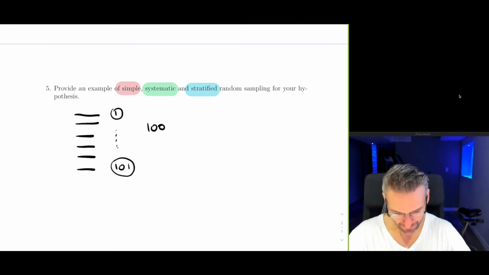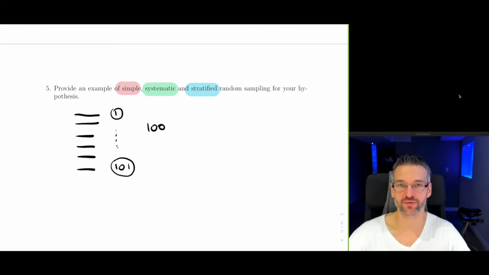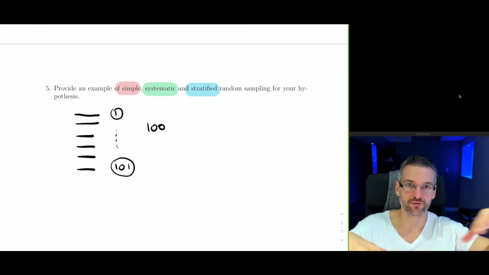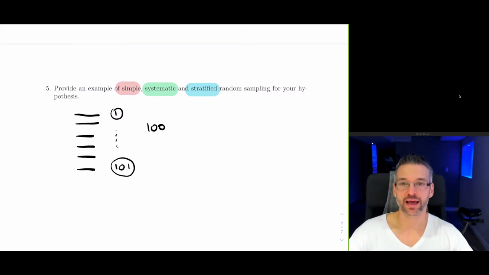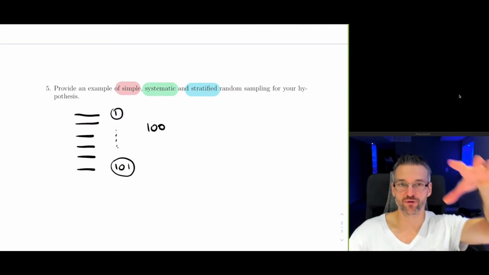Now, stratified means that you have grouped your students in some way. In this case, there is a very nice way of grouping these students. In the US, you can take all the different states, and then at random, in a proportional way, you can pick students.